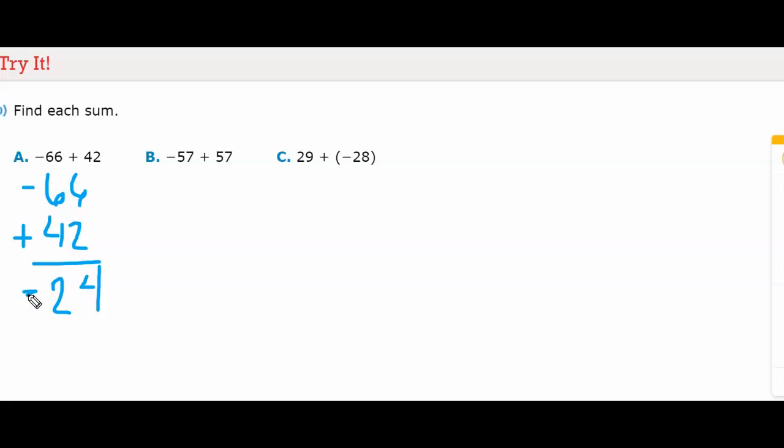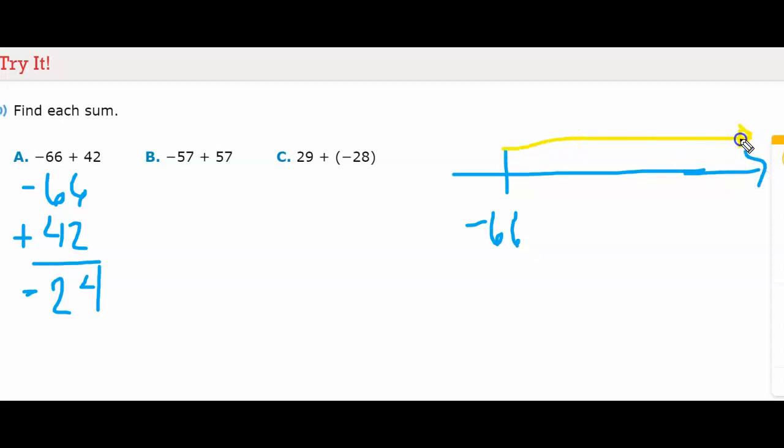And let me see if I can show you briefly on a number line so you can see what is happening here. So if I have -66, and I'm adding a +42, that means that I will be going in this direction to add that 42.